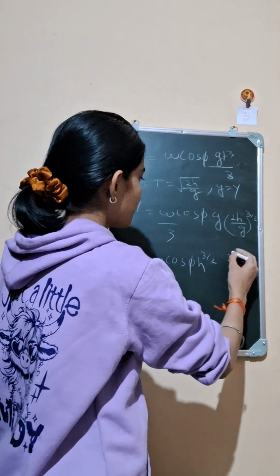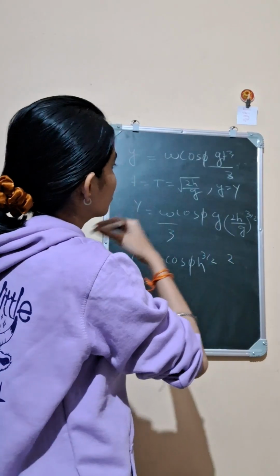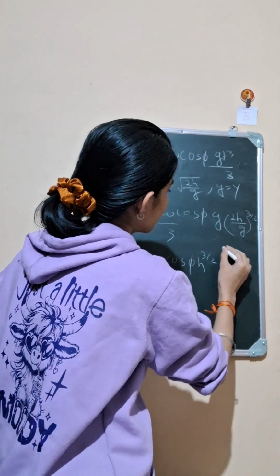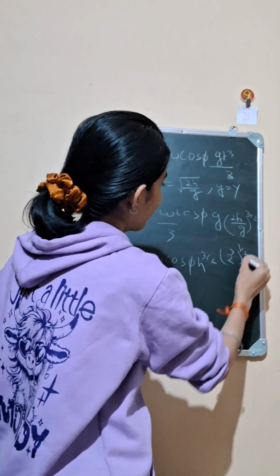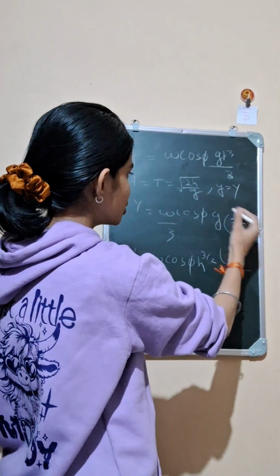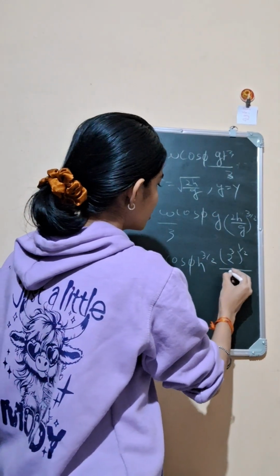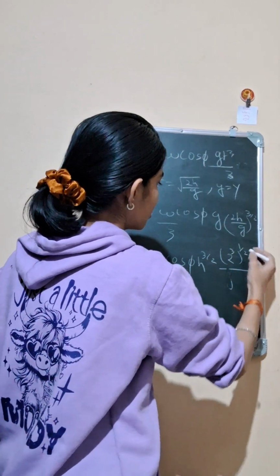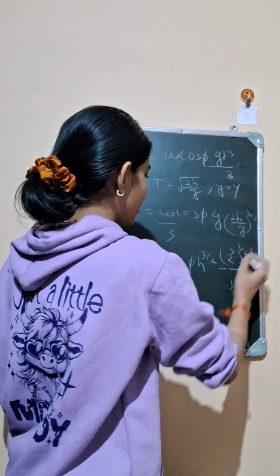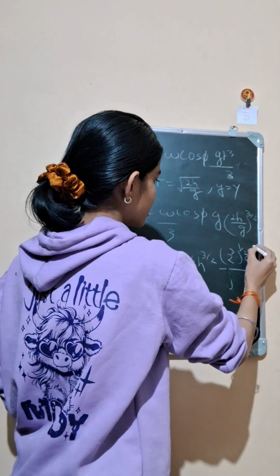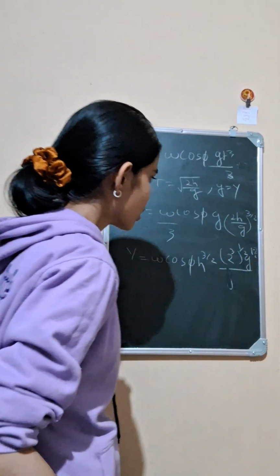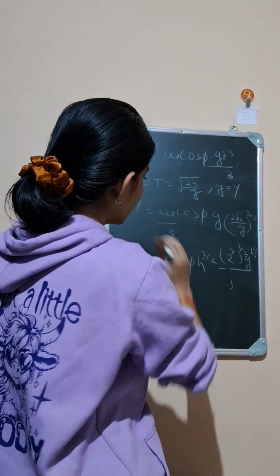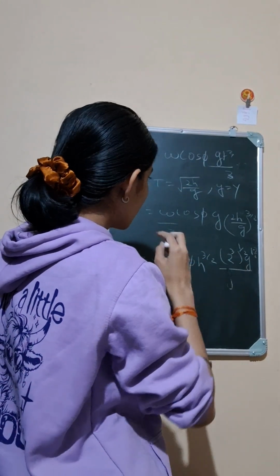So it will be equal to 2 to the power 3, to the power 1 by 2, and taking this g inside, we can say g to the power 1 minus 3 by 2, right?